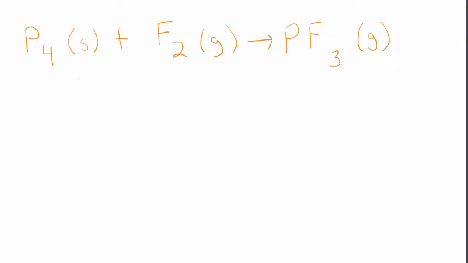So what we need to do is make sure that we have exactly the same number of elements on each side of the arrow. So we'll first look at the reactants, which are listed on the left of the arrow, and then we'll compare that to the products.